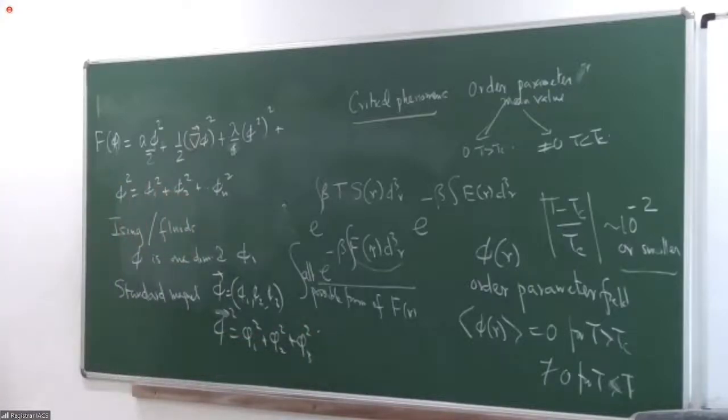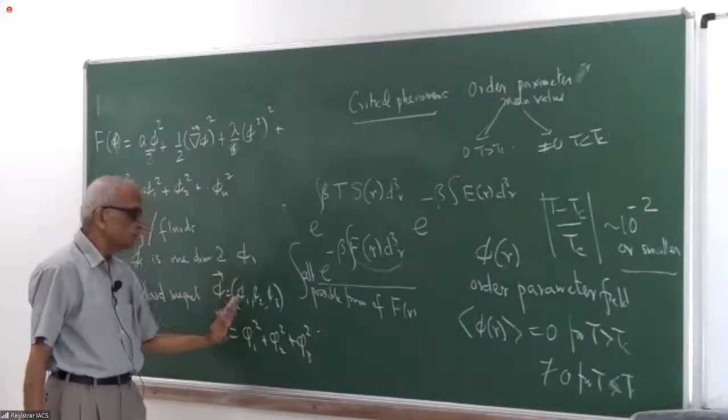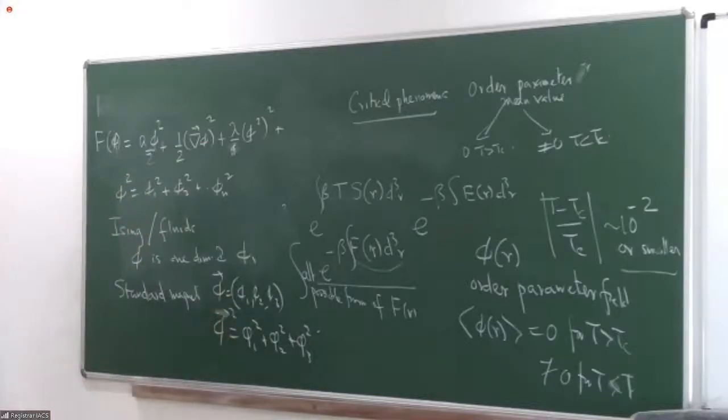If phi happens to be a planar magnet, that is, the magnetization is forced to lie on a plane, then phi is a two-dimensional vector and it is phi 1 square plus phi 2 square.